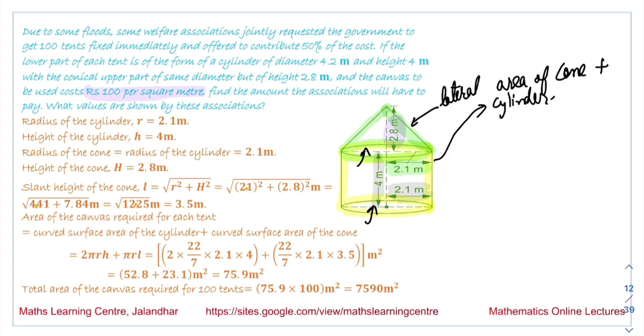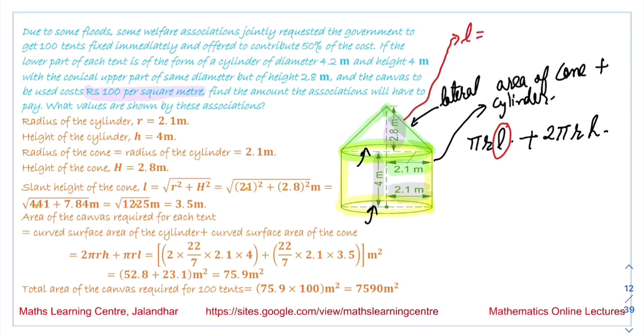plus this cylinder, and the formula for the lateral area of cone we know, it is pi r l, and the formula for the lateral area of the cylinder we have, it is 2 pi r h. This is the lateral area of the cylinder. When we are looking at this value l, we are talking about the slant height.